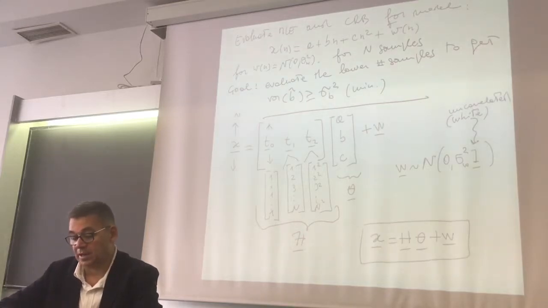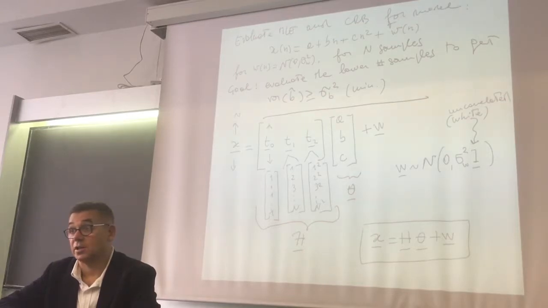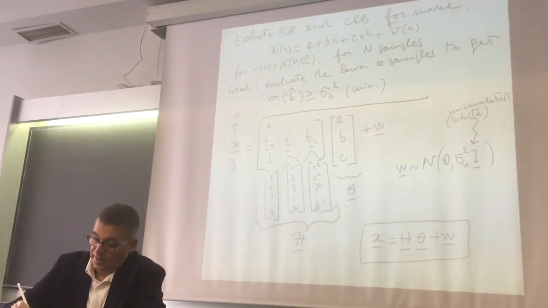So I can write, for instance in this case, the likelihood function, and because it is Gaussian, I know the maximum likelihood estimate.